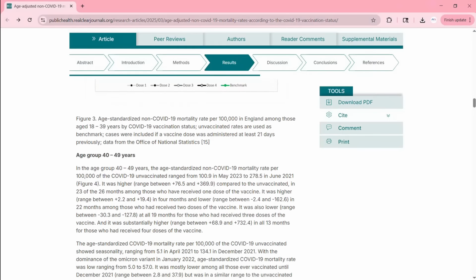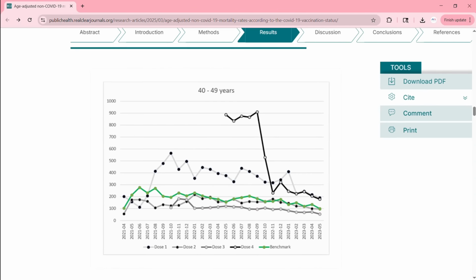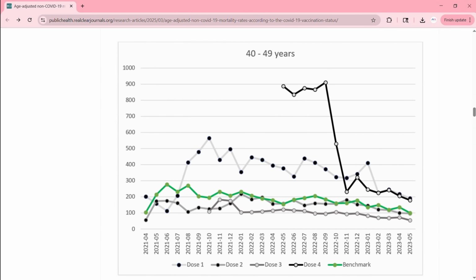Here, 23 out of 26 months, those who had 1 shot, the death rate was higher in comparison to non-vaccinated. Same story, we're gonna see the same story for one shot throughout this entire study. Those who had 2 shots, 22 months out of 26, had lower death rates than non-vaccinated.